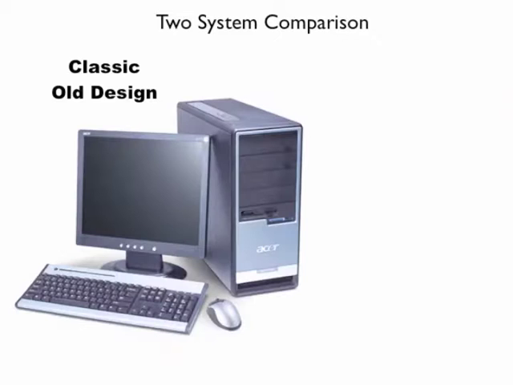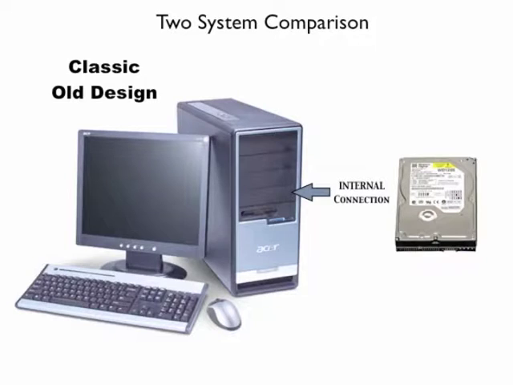In the old design, the operating system is connected on a different level with the extra hard drives that come into the box. If you connect an external or a new hard drive, you connect it directly inside where the CPU is, and it is connected in a fashion that is parallel to the C drive where the operating system lies.